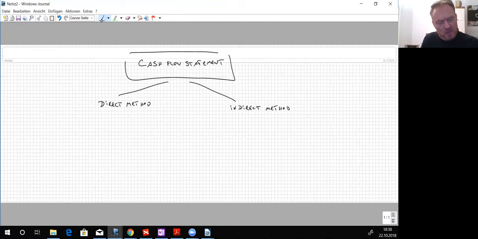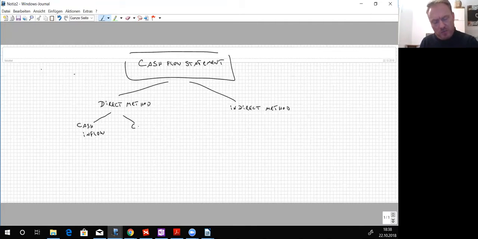So the direct method computes the cash flow as the difference between cash inflows and cash outflows. There's the total cash inflow, like loans received, for example, or cash collected from customers.